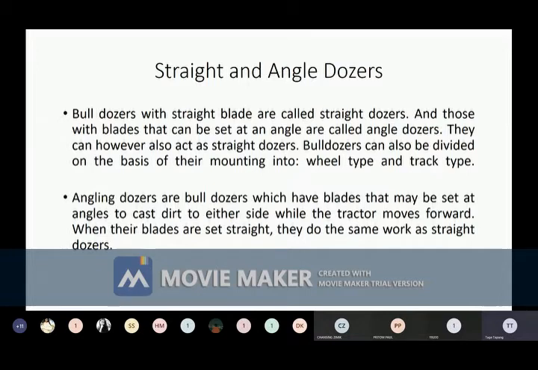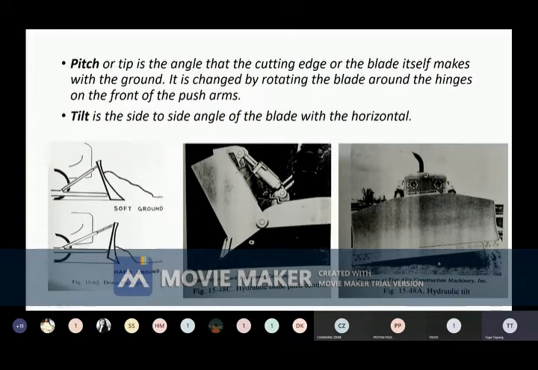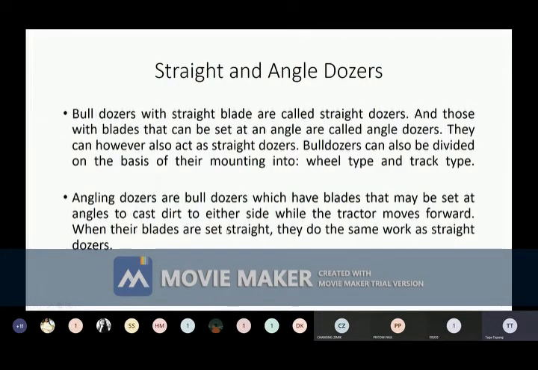Bulldozers with a straight blade are called straight dozers, as simple as that, and those with blades that can be set at an angle are called angle dozers. You see, in this case we are manipulating the angle with the horizontal. The angle dozers can also act as straight dozers. Of course, if you set it at a neutral angle, it will become a straight dozer.